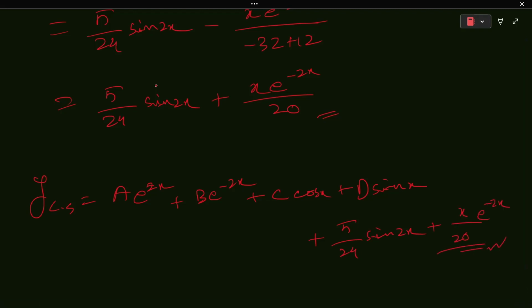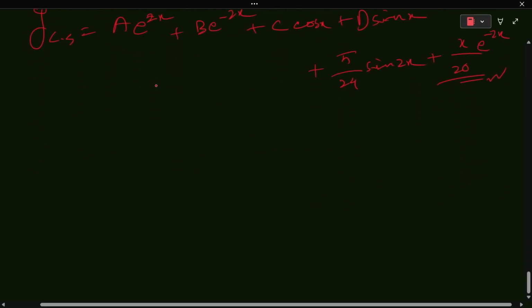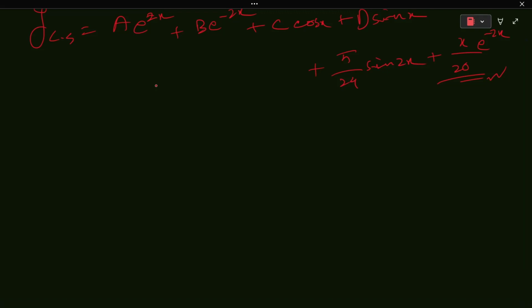This is the final and complete solution of the given inhomogeneous differential equation. Okay, so I think the rule is quite familiar to you, how we solve an inhomogeneous differential equation when we have sine or cosine functions.